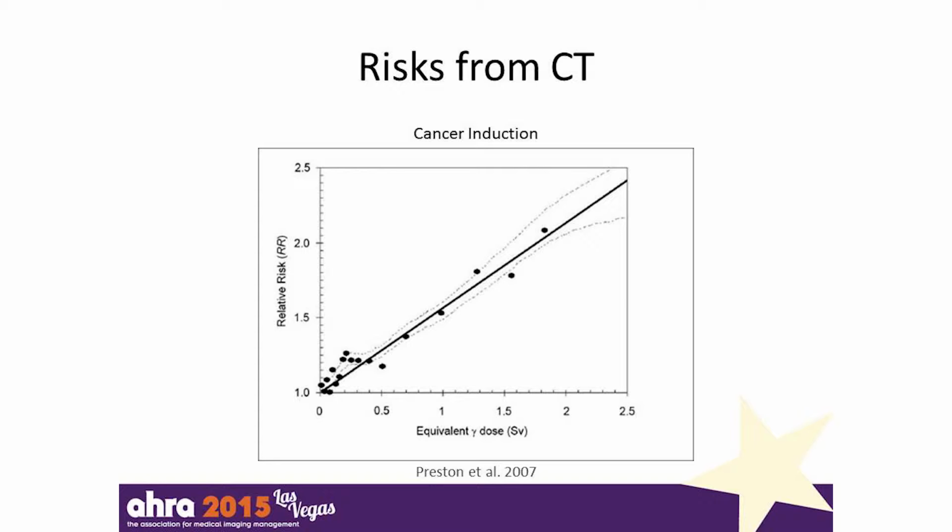And according to this model, the more radiation dose you get, the higher your risk of cancer. Therefore, we would want to keep the radiation dose as low as diagnostically achievable. I say diagnostically achievable because, coming back to my first point I started with, the important thing to remember is that CT scans save lives. We need to ensure that diagnostic quality first.